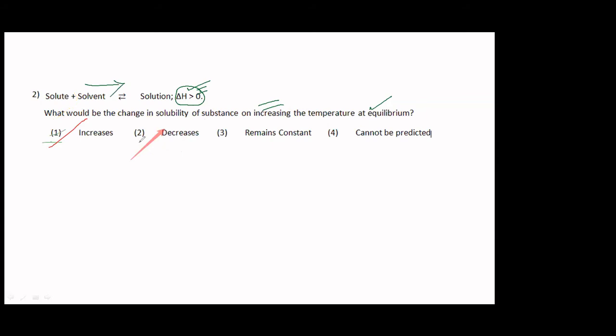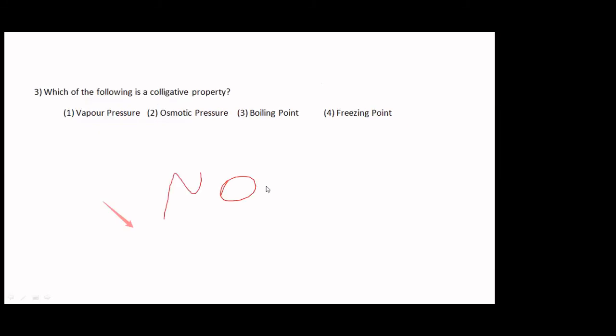Whatever energy you supply, it will be absorbed. So it has to shift in the forward direction. Therefore, it increases the solubility. Increase in temperature increases the solubility, right? That is the correct option. Any doubt? Okay, fine.